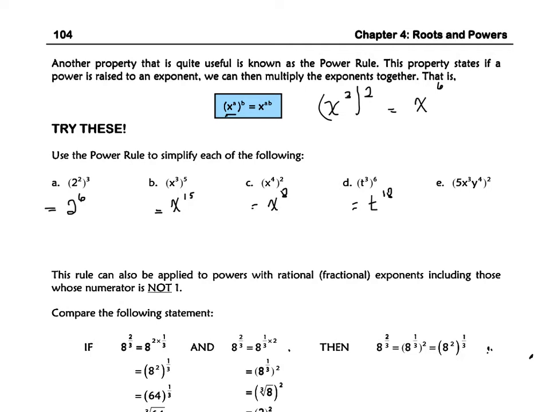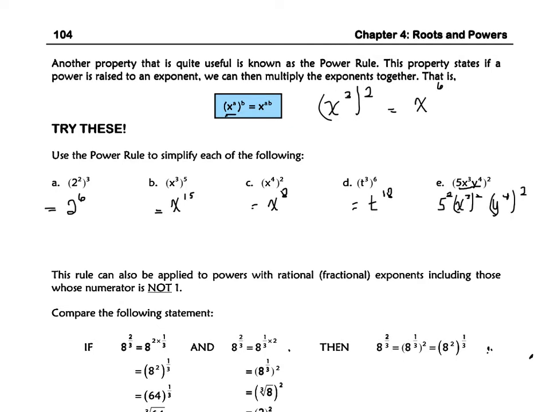Now this one here is a little bit trickier, and it requires actually another property of exponents. You would have to realize that everything in here is being squared. So that would mean that the 5 was being squared, that the x cubed was being squared, and that the y to the 4 was being squared.